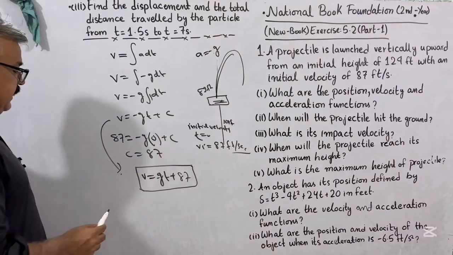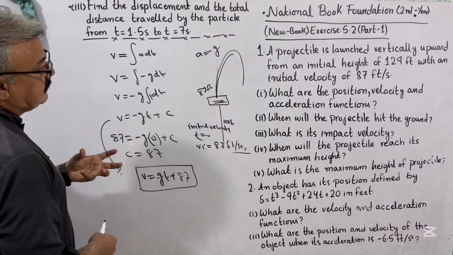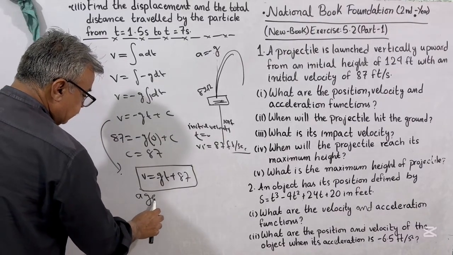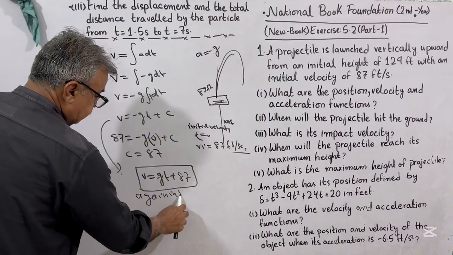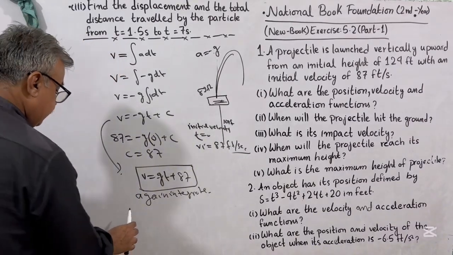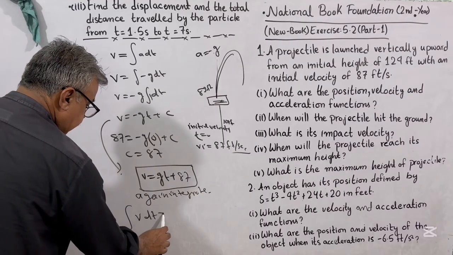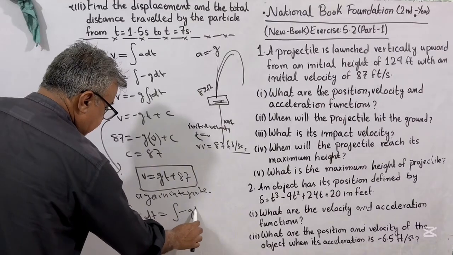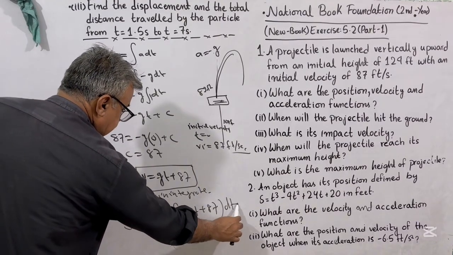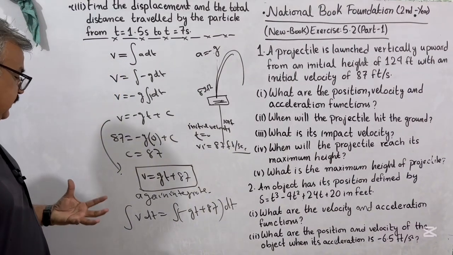Again, integrate velocity with respect to time to get the displacement function. We have the integral of negative gt plus 87 dt.